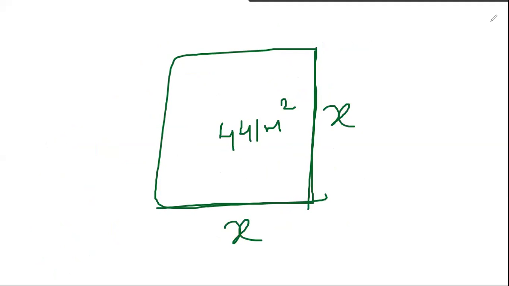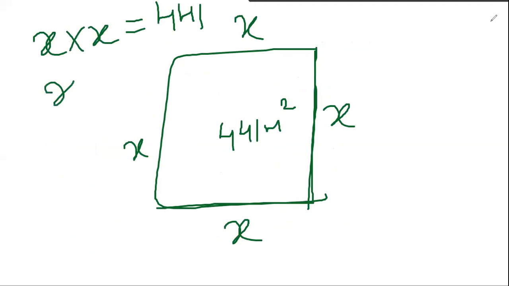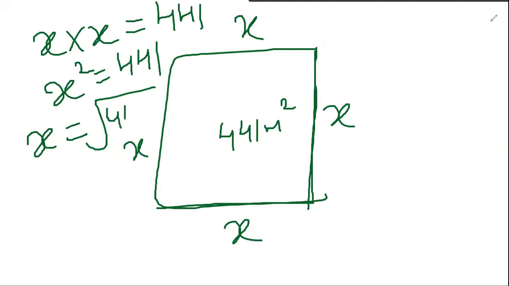So let's take x. What is the area of a square? Side into side. That means x into x is equal to 441, so x square is equal to 441. So if we want to find x, it will be the square root of 441.